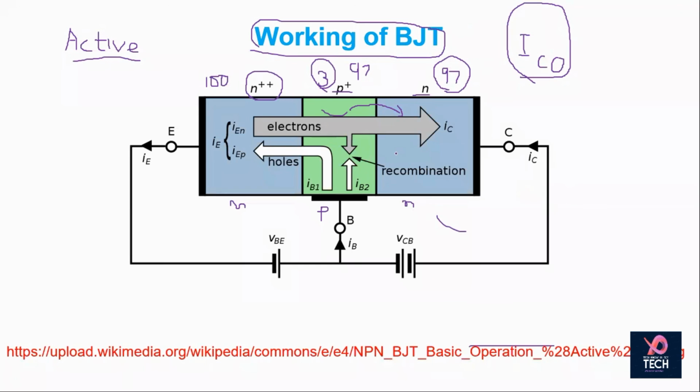In N-type, the majority carriers are electrons, but now this is reverse biased and this is positive, so some holes are being pushed here. Because of that, you have reverse conduction. That is the working of BJT in simple terms.